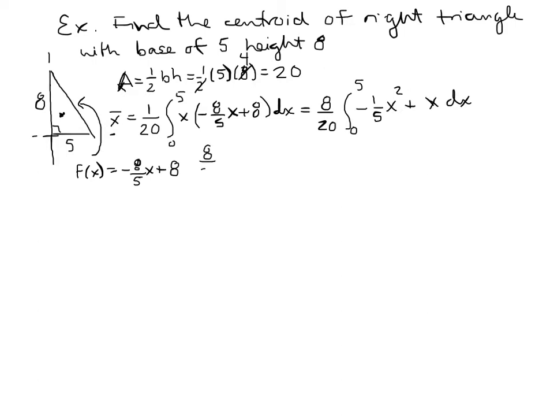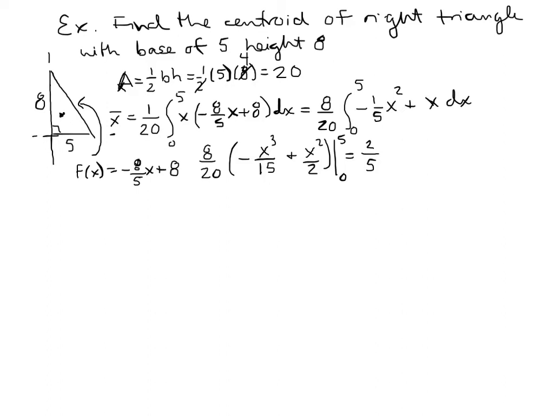So I've got 8/20, and the integral of negative 1/5 x squared, so that would be negative x cubed over 15, 5 times 3, plus the integral of x, which is x squared over 2, and I'm evaluating from 0 to 5. Okay, so I've got 8/20. Maybe we should simplify that a little bit. We can divide both of those by 4, so 2/5.